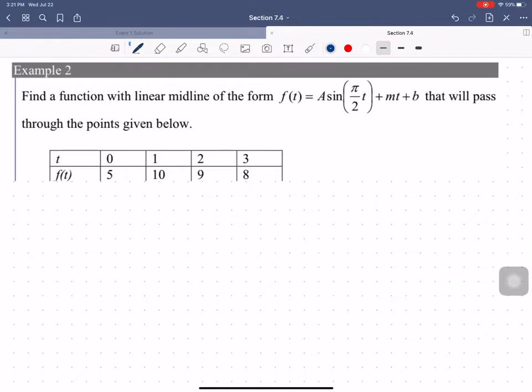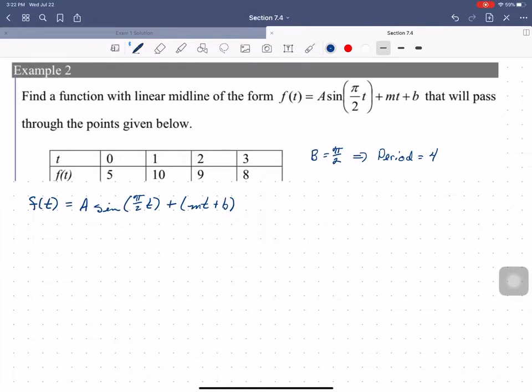So let's look at what I've got here. I know that my function has some magnitude times the sine of pi over 2t plus some linear function. Now, some things that are going to be helpful here. I know that if b is pi over 2, that means the period of my function is 4.